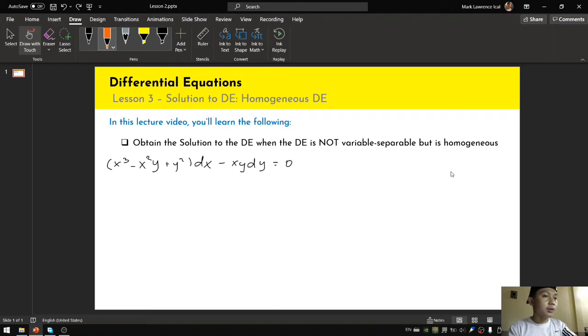Okay, so sabi dito sa rule, okay, sa steps, let y is equals to vx if dy is simpler, else x is equals to uy when dx is simpler.